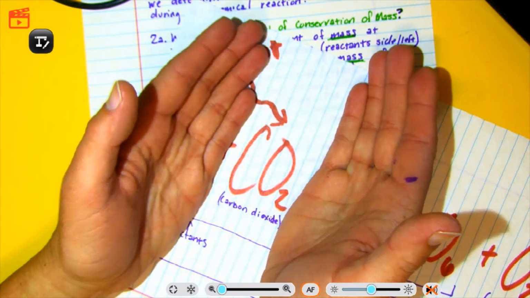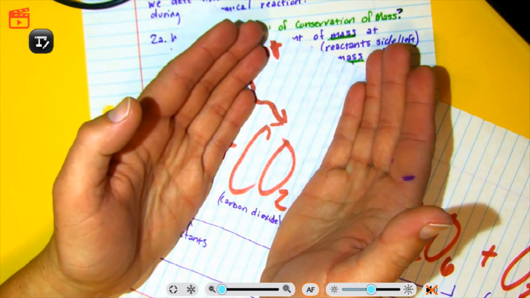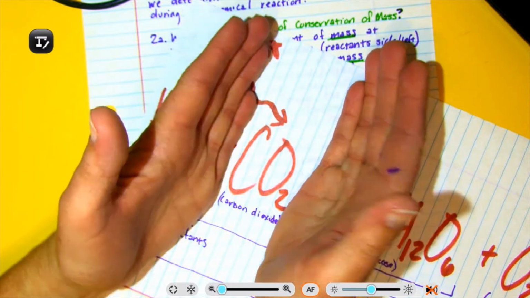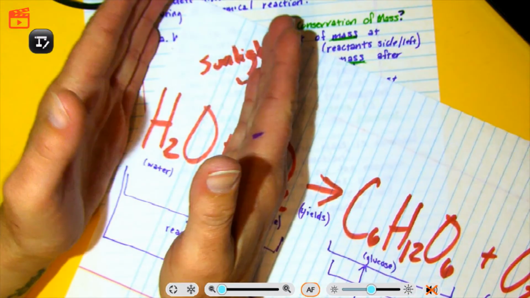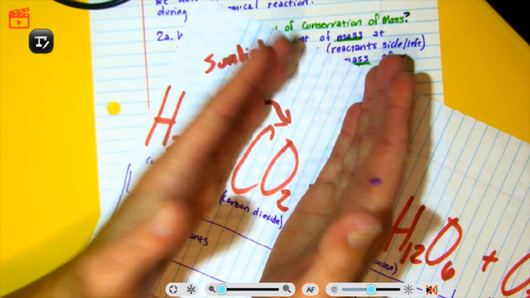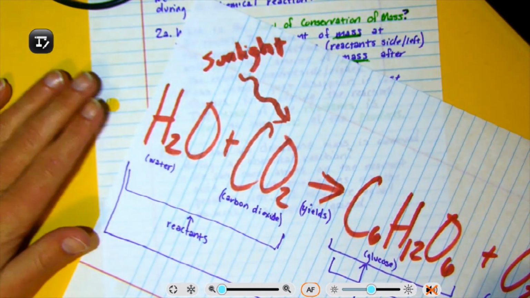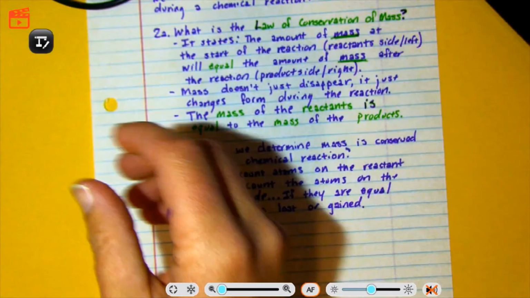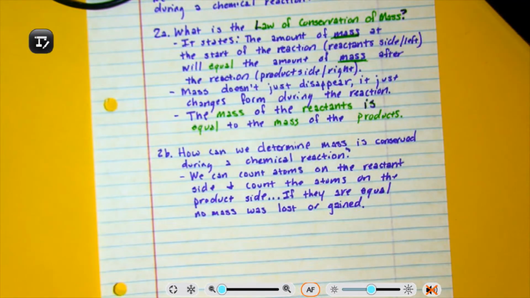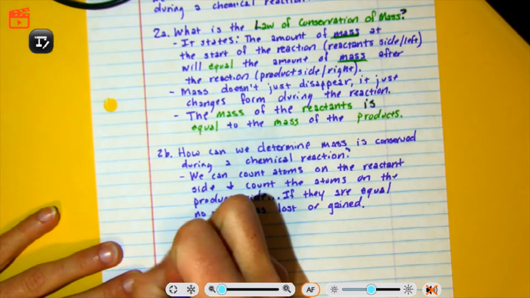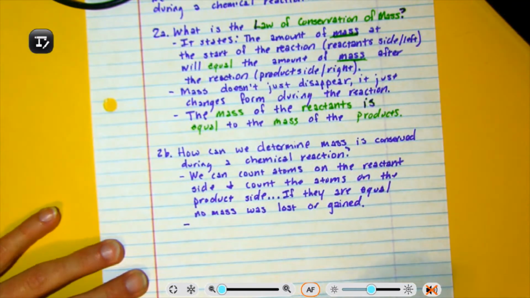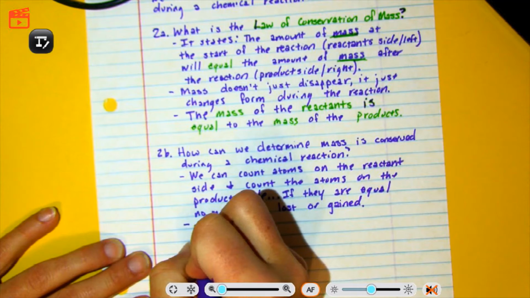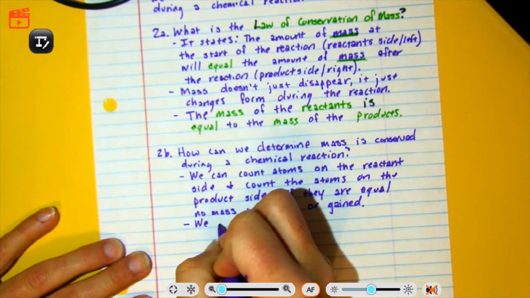So if we can count the atoms of each formula, then we can figure out, are they all accounted for? All right. So you kind of already know a little bit about how to do that. Then what is going to be new, how we can determine this, is their masses. We can also measure masses on either side.